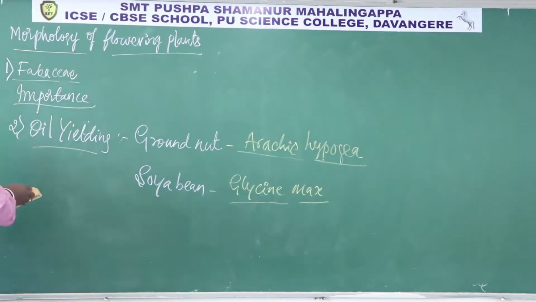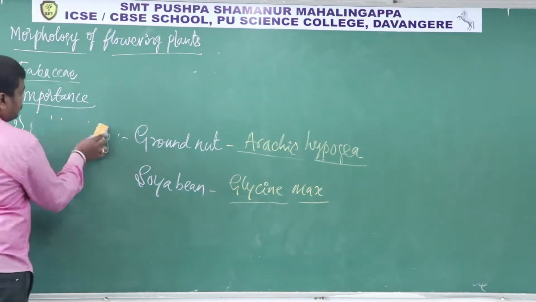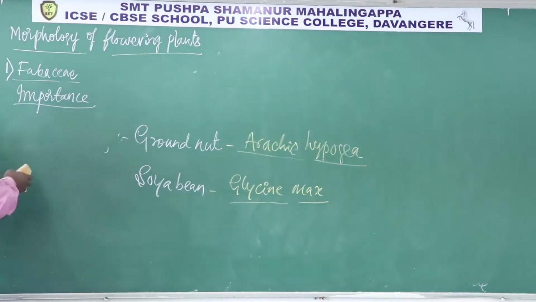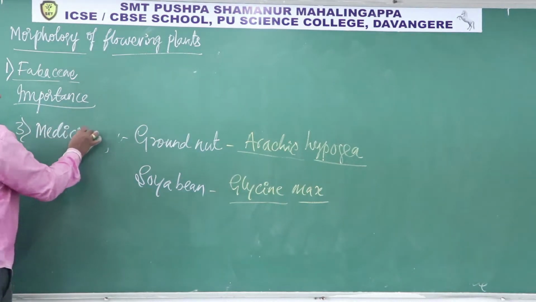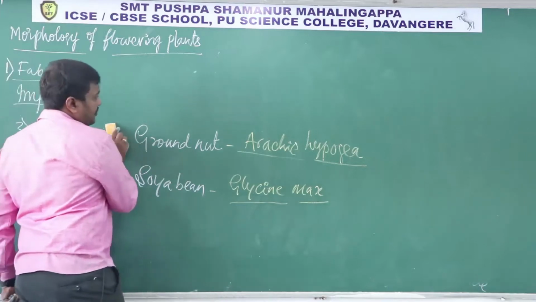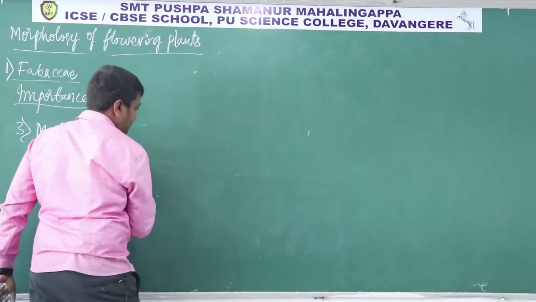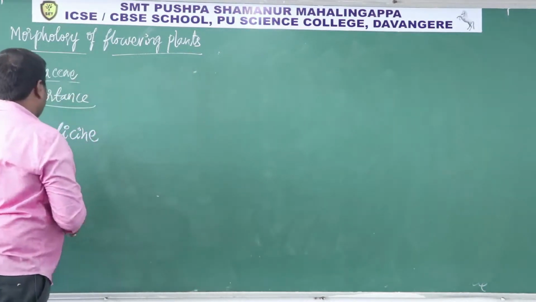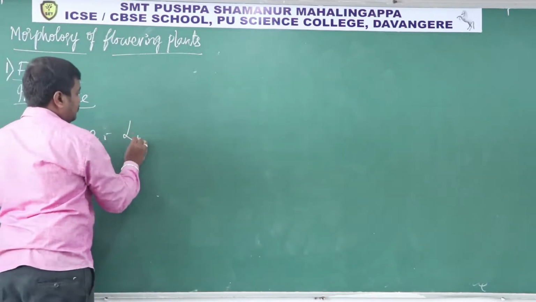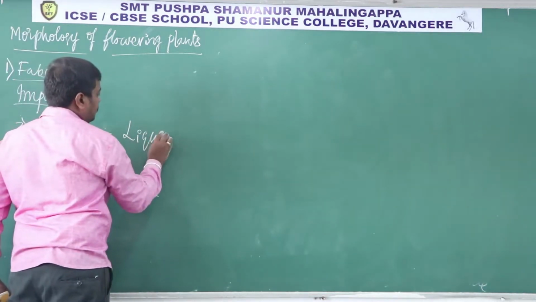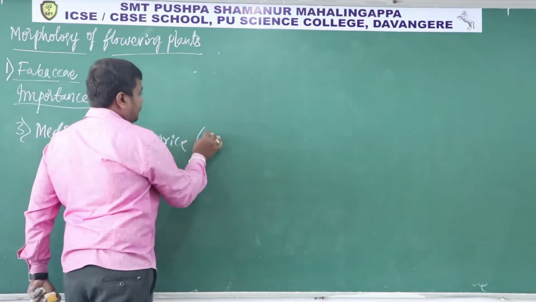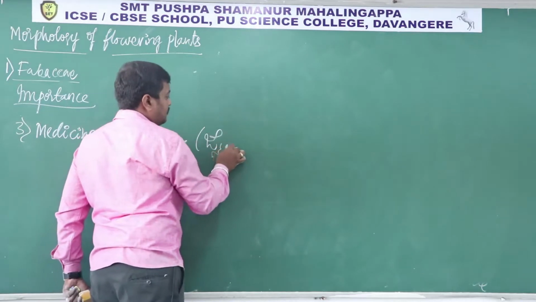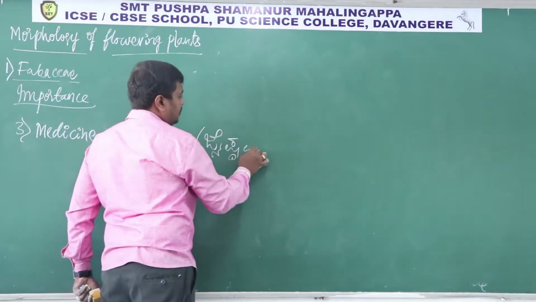So next, medicinal. A few plants from Fabaceae can be used as medicine, like licorice. So in Kannada they call it jesta madhu.